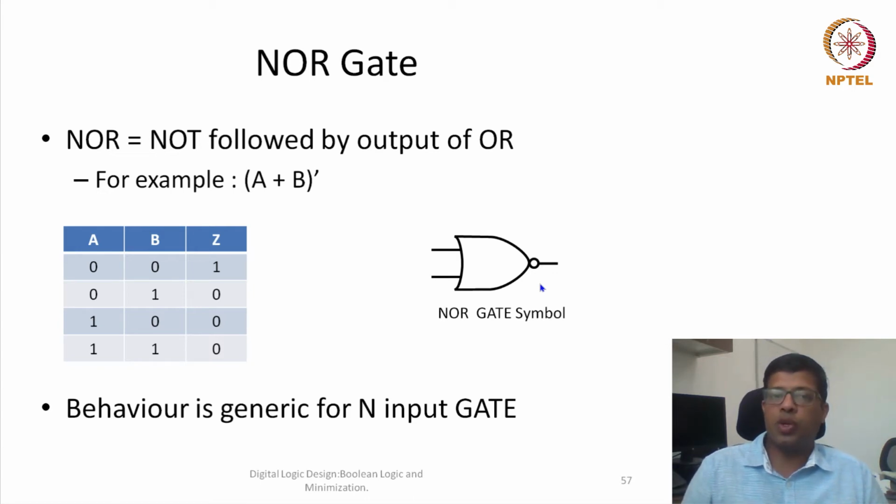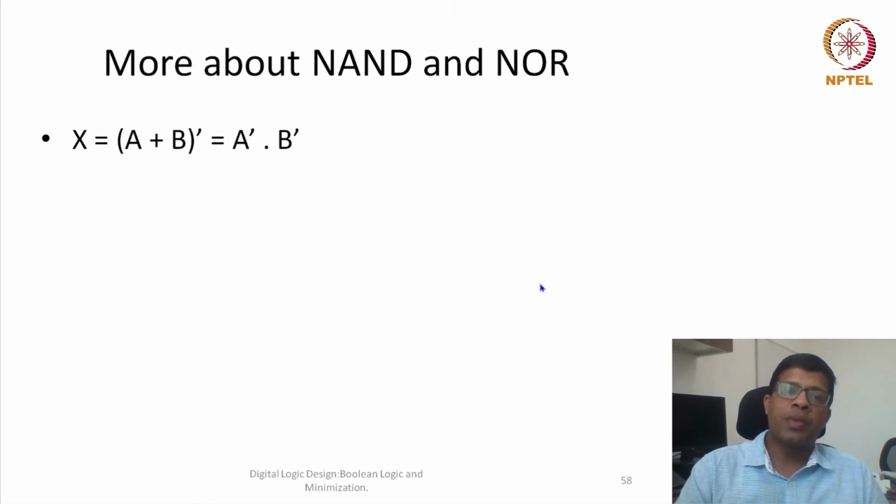So let's quickly look at these characteristics and applications. This is my NOR gate, so A or B is inverted. This represents the functionality of a NOR gate.